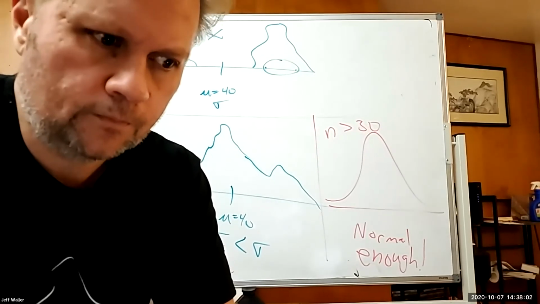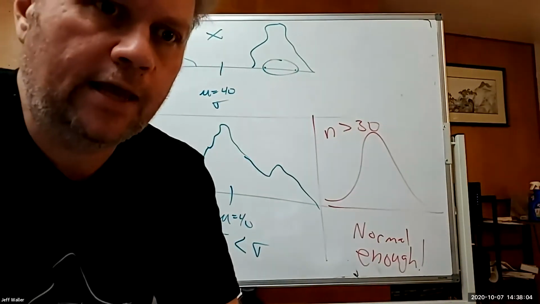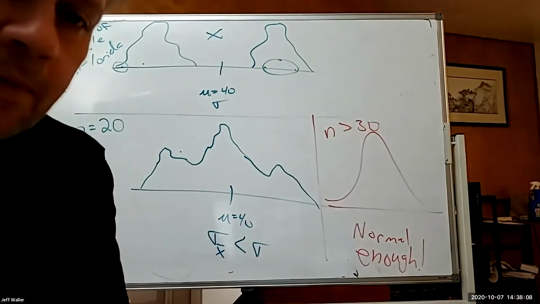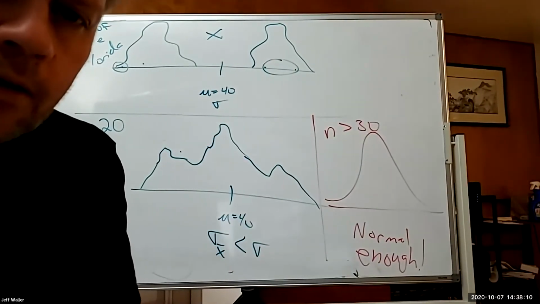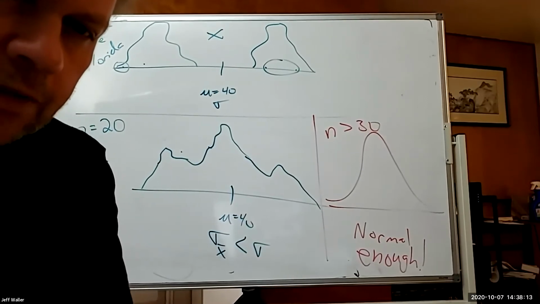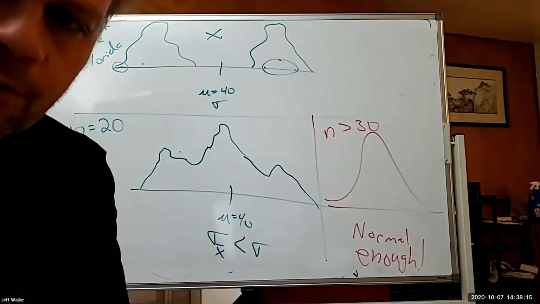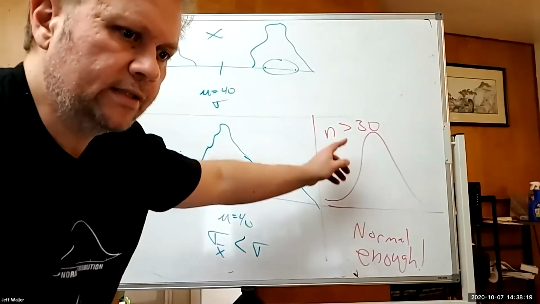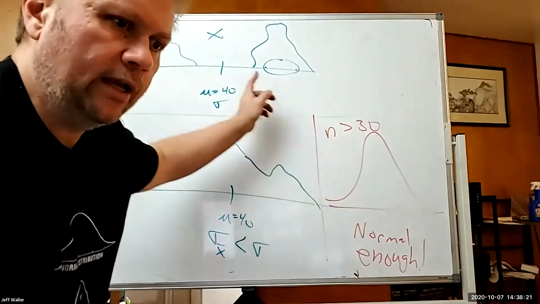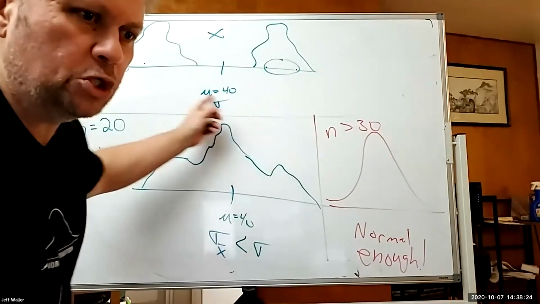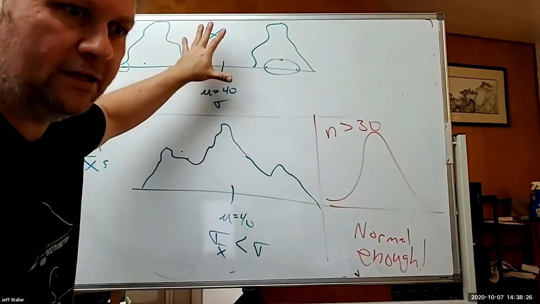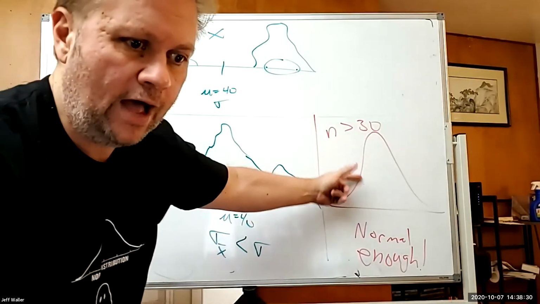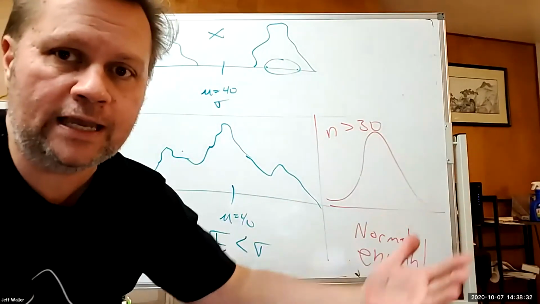Find the area. I love it. I can't use that chart of answers unless I know it's normally distributed. I can make z-scores all day for anything, but they won't translate to a specific area unless I know it's a normal curve. So now I have a check. As long as I'm taking samples greater than 30, it doesn't matter if the original population was disgusting. As long as the sample sizes I'm taking are greater than 30, I've got a normal curve. I can use my list of answers.